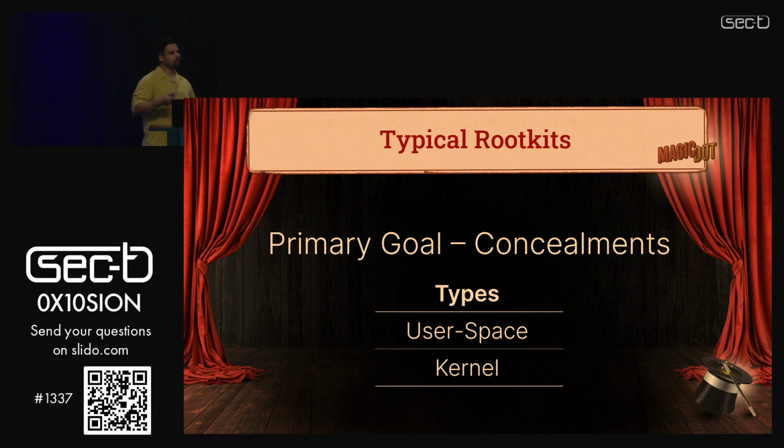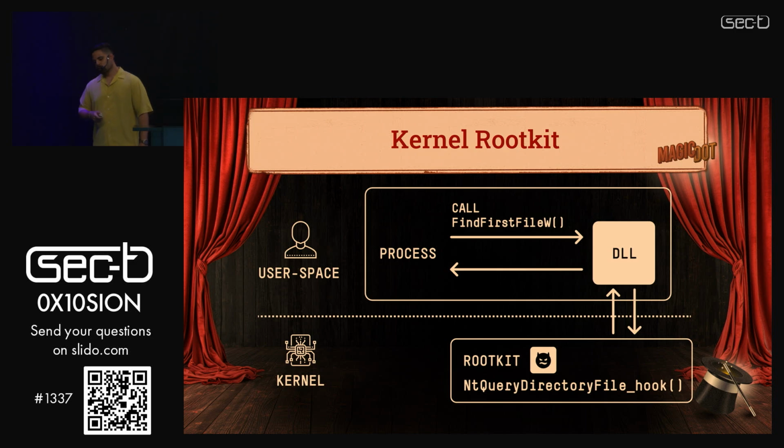So we all know that the primary goal of a rootkit is usually to conceal malicious artifacts. But in order to understand how this rootkit would be different, let's briefly go over the most known and popular types of rootkits, which are user space and kernel space rootkits. So a kernel space rootkit, of course, runs in the kernel.